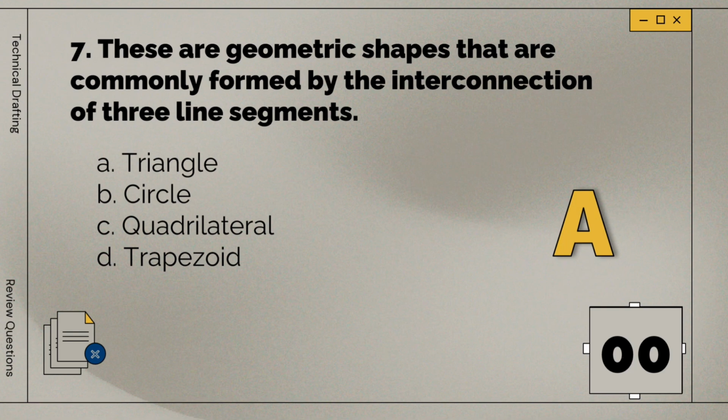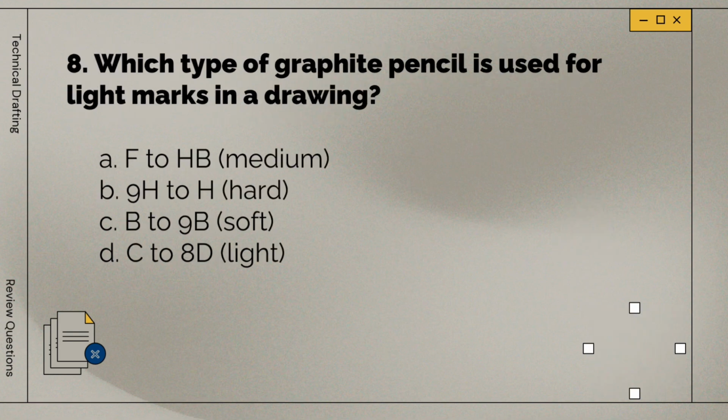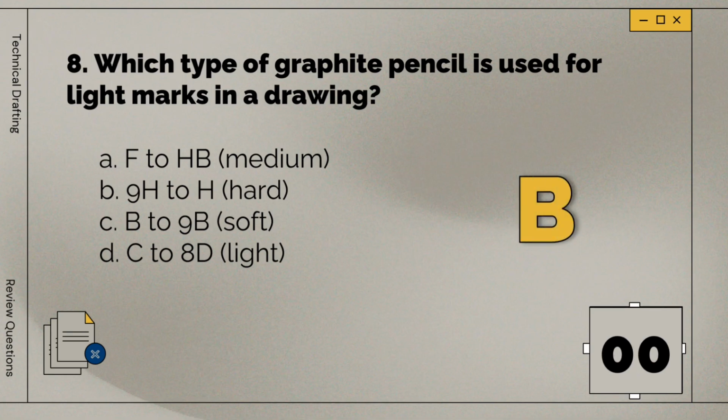A triangle. Number 8. Which type of graphite pencil is used for light marks in a drawing? The correct answer is letter B. 9H2H graphite pencil.